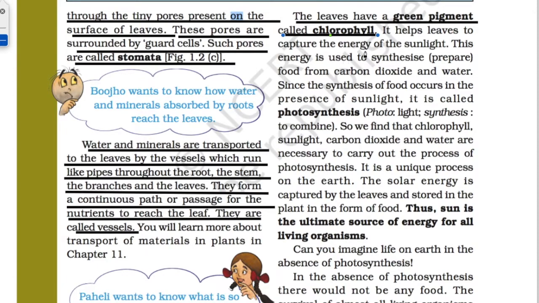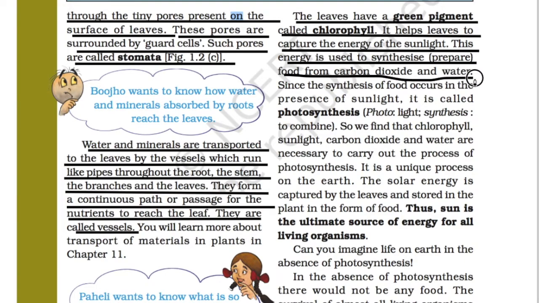Yes, it helps leaves to capture the energy of the sunlight. This energy is used to synthesize food from carbon dioxide and water. I have already told you the meaning of synthesize. Synthesize means to prepare.